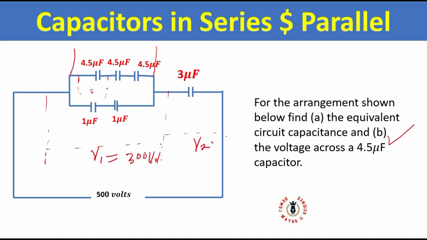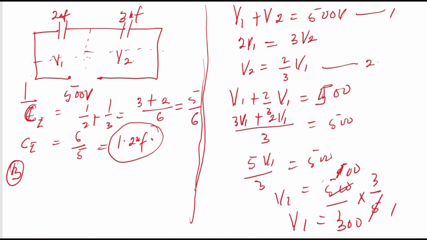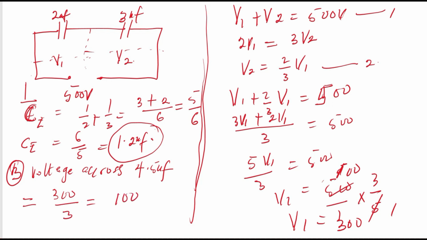So to calculate the voltage across each of the 4.5, you can simply divide your 300 by 3. So the voltage across the 4.5 microfarad will be equal to 300 over 3, which is equal to 100 volts.